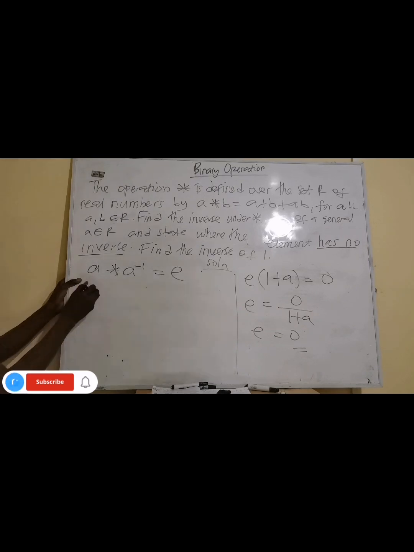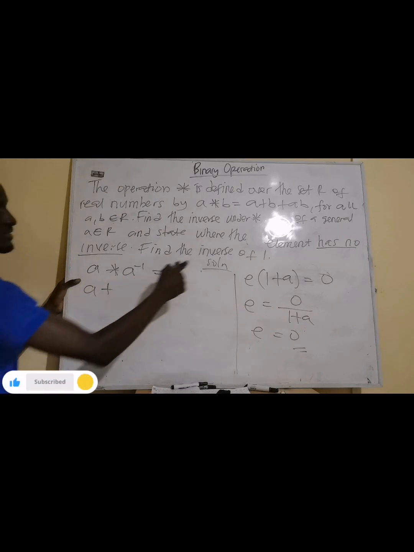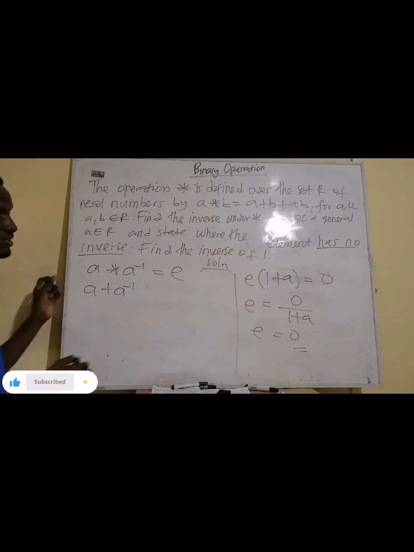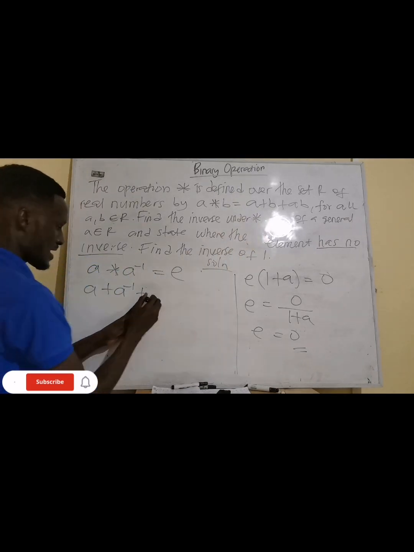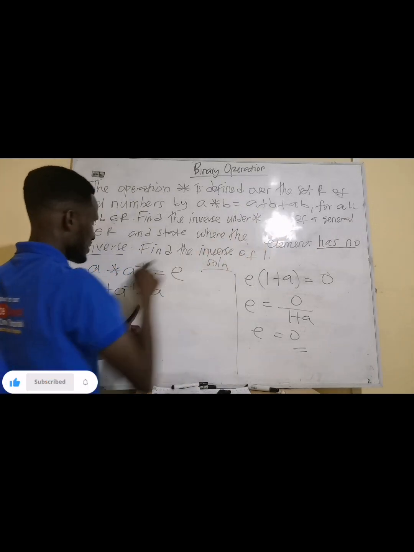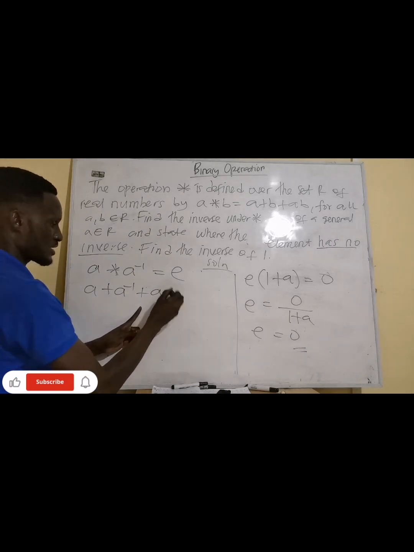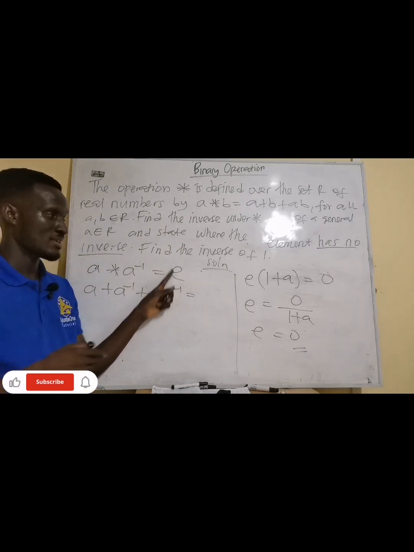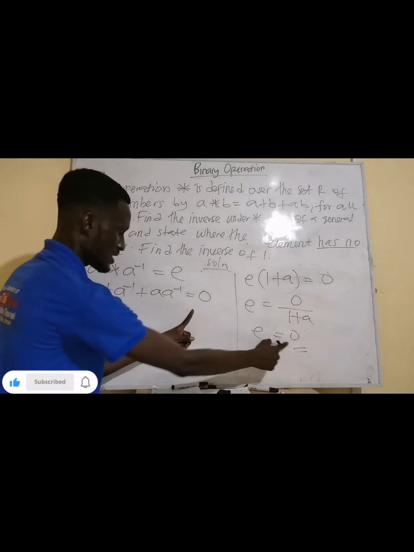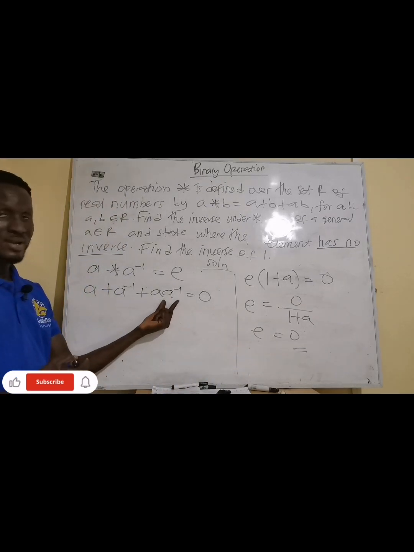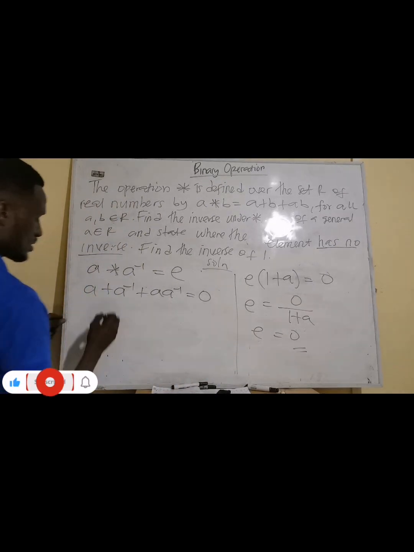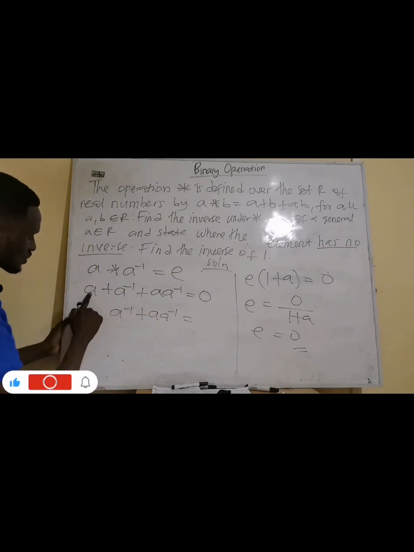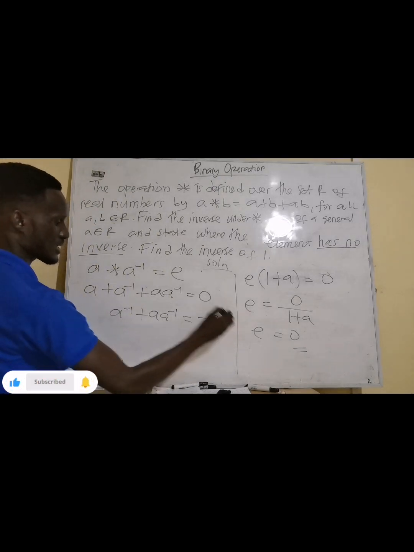We have A + B, where B is the inverse, so another substitution: A + A inverse + A times A inverse. This one is supposed to give us the identity element E, and E is now 0. We can now solve for A inverse. So we have A inverse + A A inverse, and this one will cross the equal sign, so minus A.